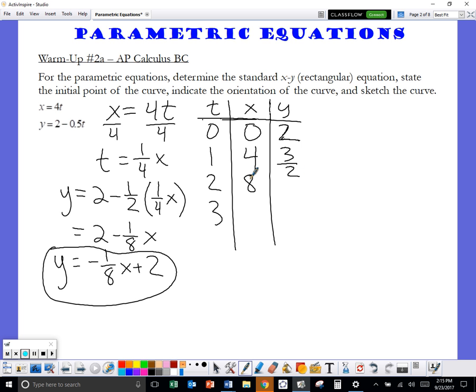And plugging in, 2 times 0.5 is 1, 2 minus 1 is 1. Plugging in 3 into each equation, 4 times 3 is 12. And then plugging in 3, you get 3 times 1/2 is 3/2. 2 minus 3/2 is 4/2 minus 3/2, which is 1/2. And again, we have our initial point.